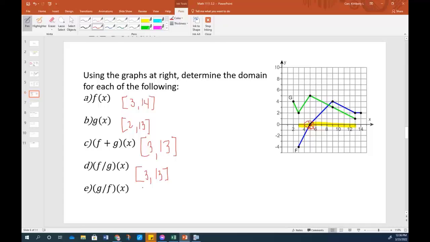So I can go from 3 to 5, but I can't use 5. Remember, I'm going to jump over it. And then I can go from 5 to 13, and I can use it. So it had to be in the domain of both, but if you're dividing by something, whatever value you're dividing by cannot equal 0.